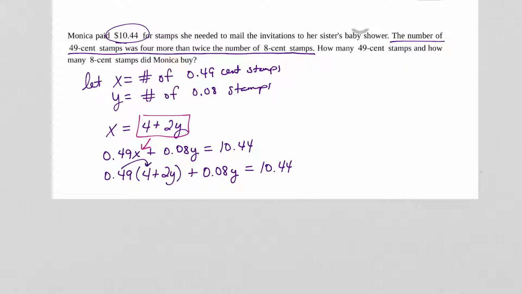I need to distribute. I get 1.96 plus 0.98y, and I need to combine my like terms.